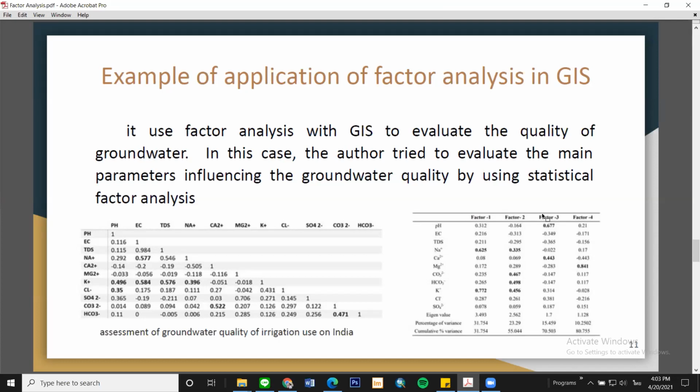The first table is only the value of each parameter, but this table shows the correlation matrix between parameters.